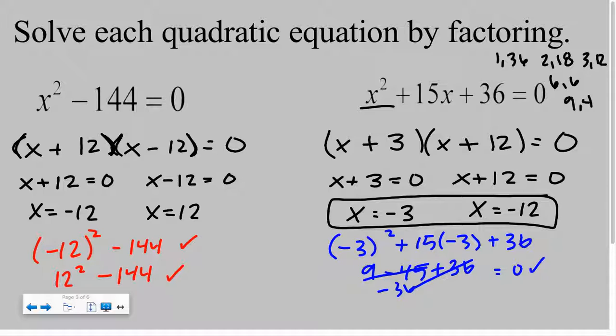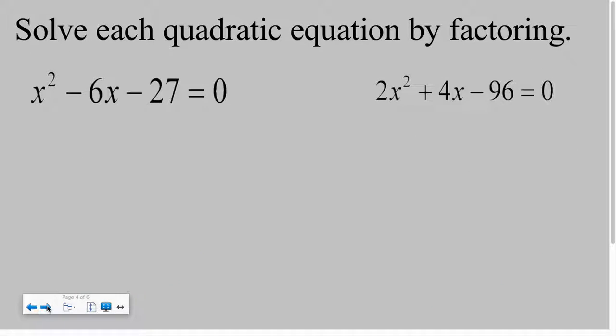Try number 3, sorry. 3. x squared minus 6x minus 27.